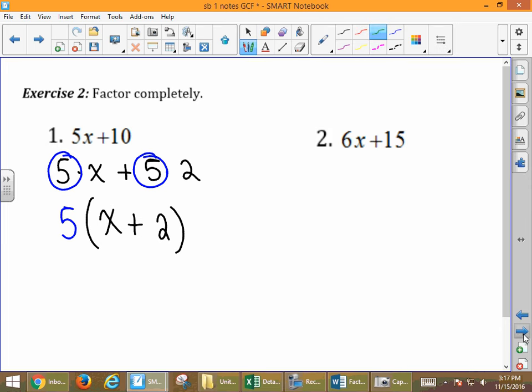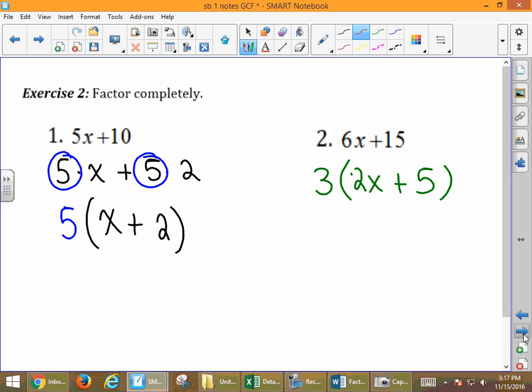And the biggest number that we can divide both of those two numbers by is 3. 3 goes into 6 evenly, 3 goes into 15 evenly. When we factor out that GCF of 3, to figure out what still remains in the parentheses, we take 6x divided by 3 is 2x, and we take 15 divided by 3, which is 5.